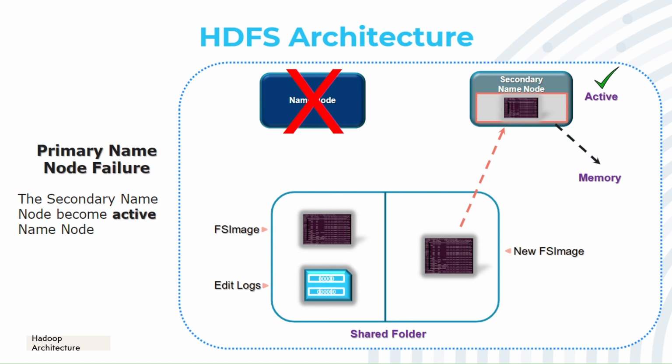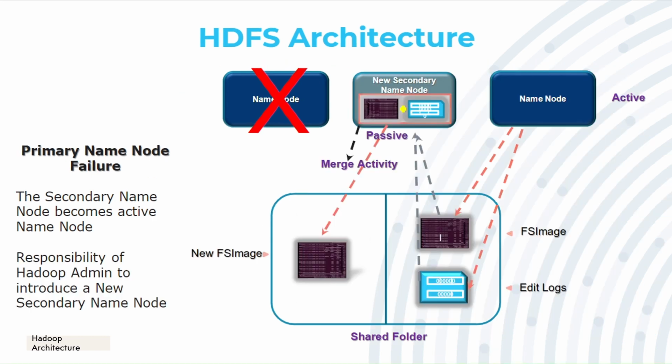Now just take an example: the primary node goes down, the secondary name node becomes the active name node, and it is the responsibility of the Hadoop admin to introduce a new secondary name node. If this name node goes down, then the secondary name node will become the active name node and do all the activities, like storing metadata and distributing, and if anyone requests anything, it will return the response.